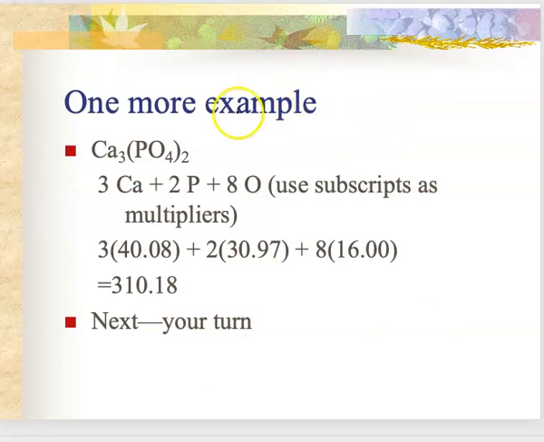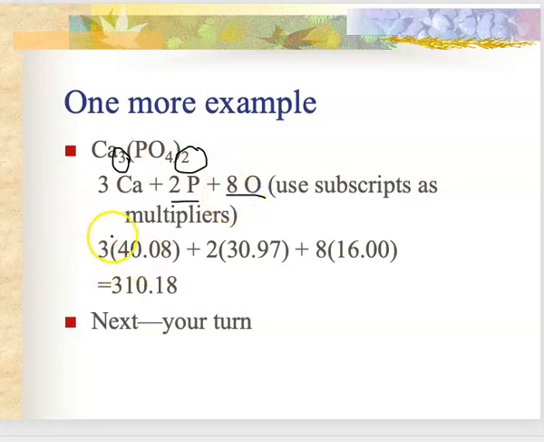Just to make sure everyone's aware that these subscripts are really multipliers, here's one more example. Calcium phosphate has 3 calciums, the subscript 3 for calcium. The subscript 4 in phosphate only applies to the oxygen, but the subscript outside the parentheses applies to everything in the parentheses. So there are 2 phosphoruses and twice 4 for 8 oxygens.